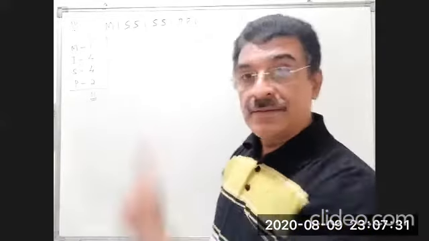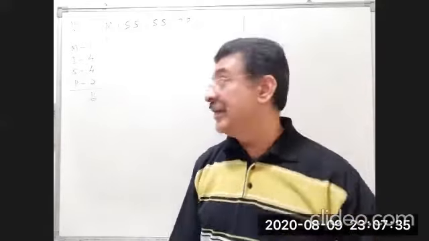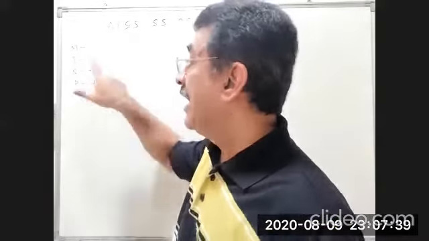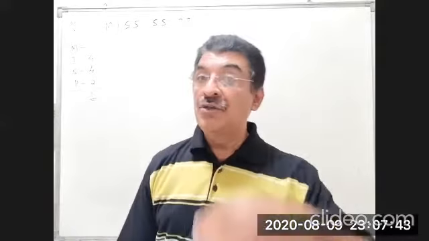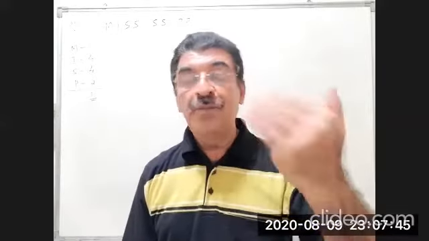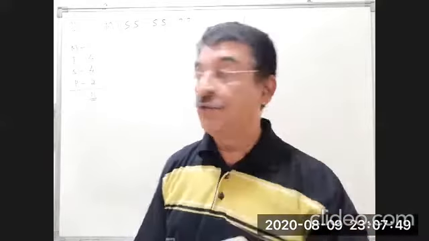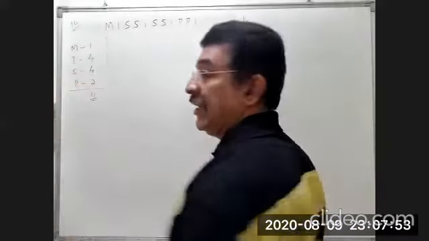Out of this 11 letters, we have 4 I's, 4 S's, and 2 P's. Out of n letters, if p are of the same kind, it is n factorial by p factorial. So out of 11 letters, these are of the same kind.